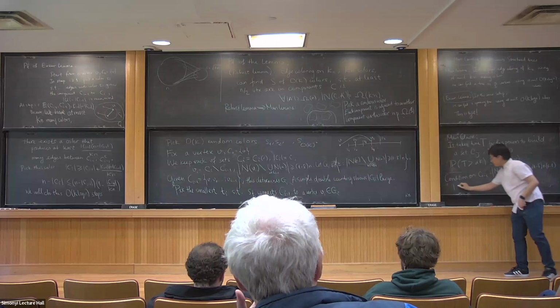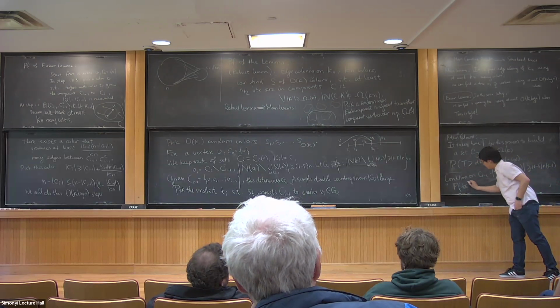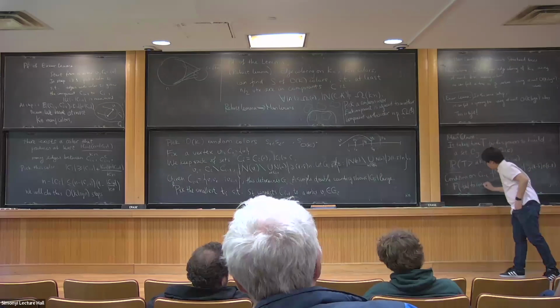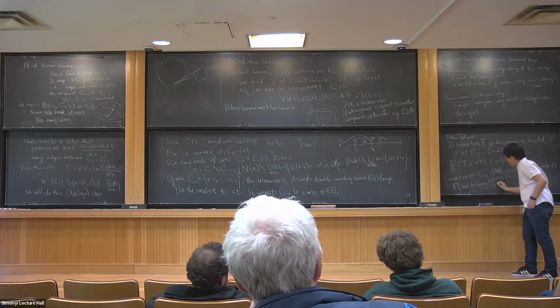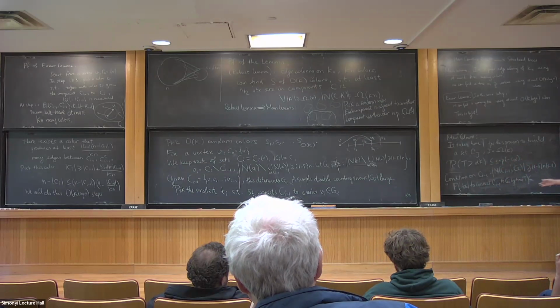This means that the probability that we fail to connect C_{i-1} to G_i by time, let's say big T, is going to be significantly smaller.